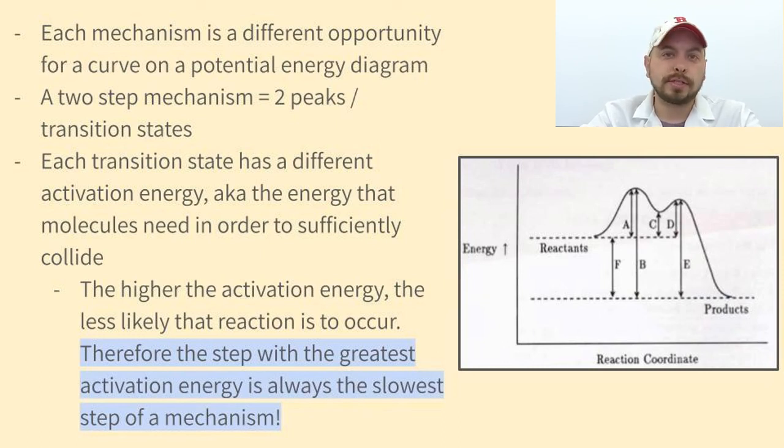Each transition state has a different activation energy, the energy with which those molecules would need to collide to achieve the energy of the transition state and thereby overcome it and move past it. The higher that energy is, the less likely that event is going to be to occur. So the event which has the greatest activation energy will represent the slowest step of the mechanism.